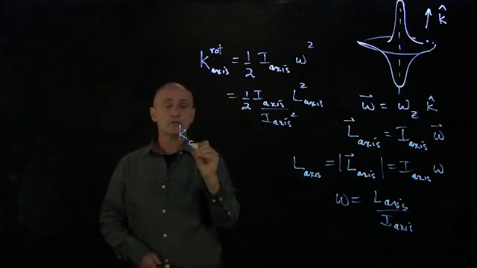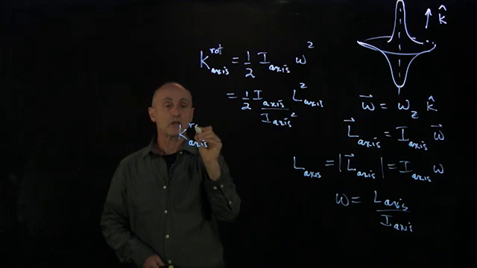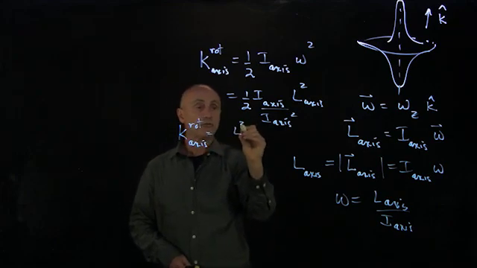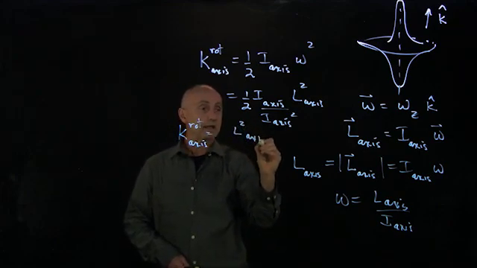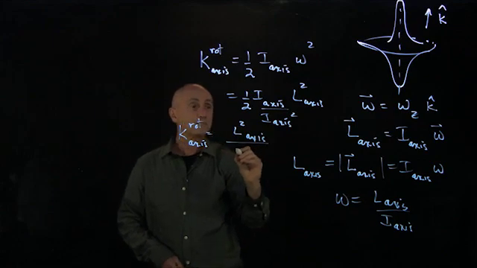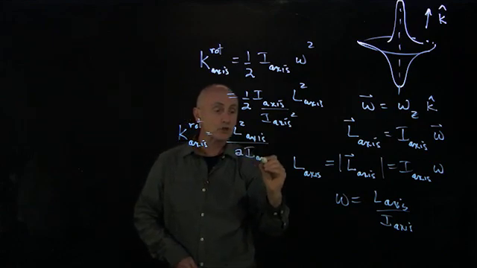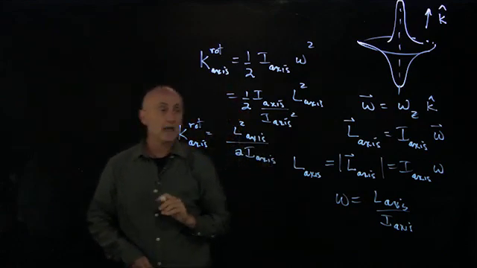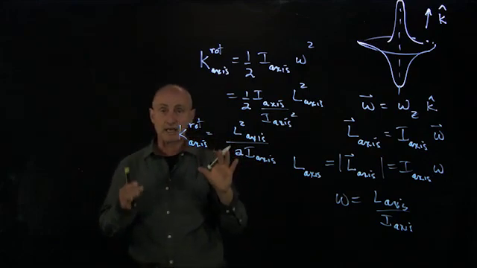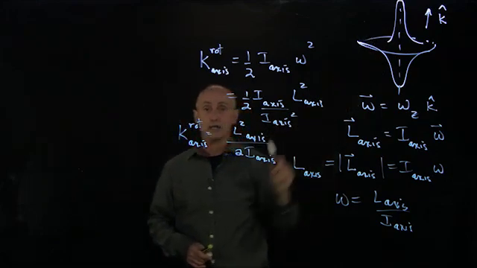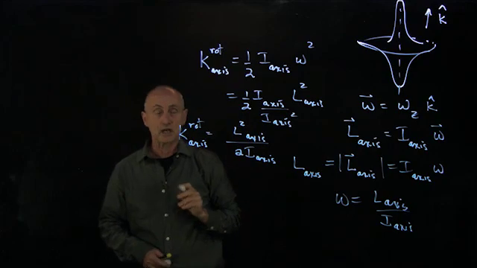And so we have a nice expression for the rotational kinetic energy: L squared about that axis over 2 times the moment of inertia about that axis. And this we can describe as the kinetic energy of a symmetric body about a fixed axis.